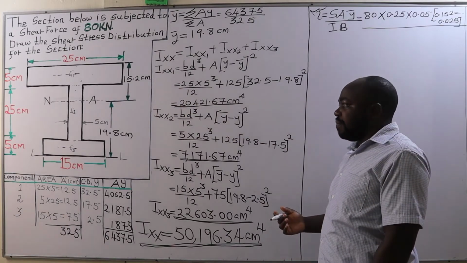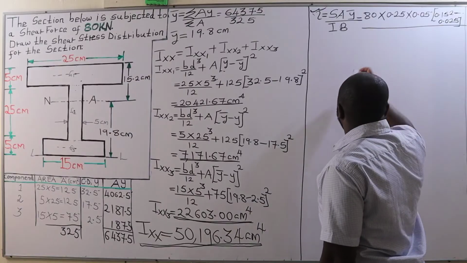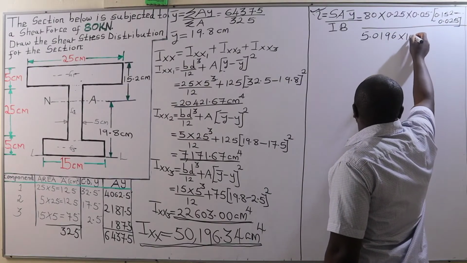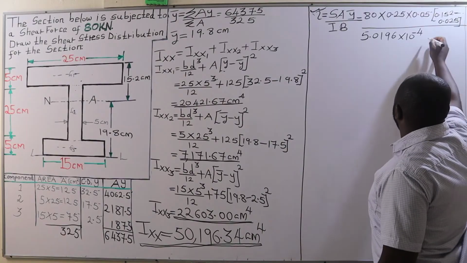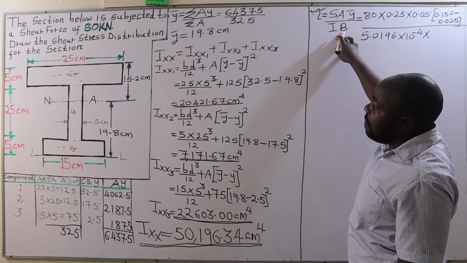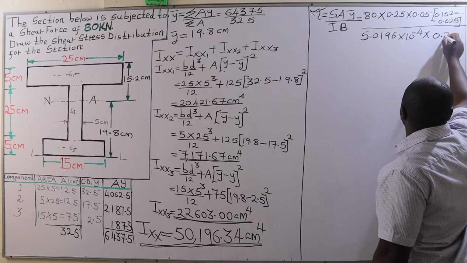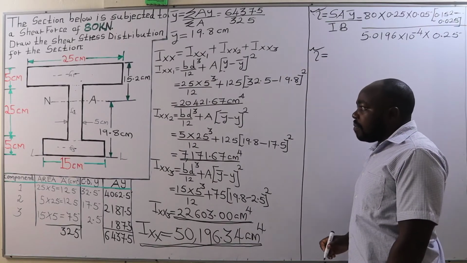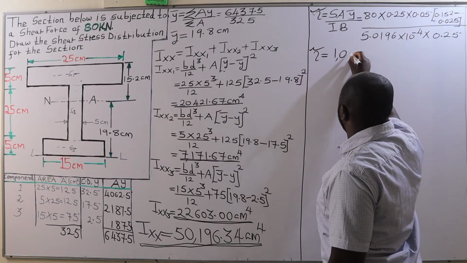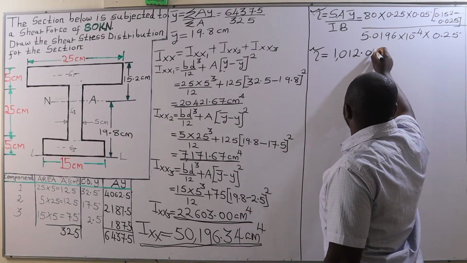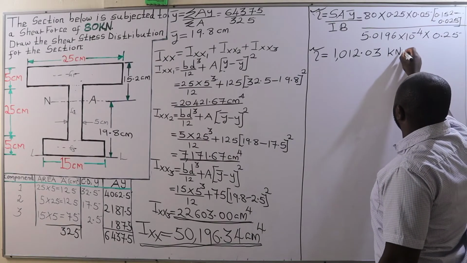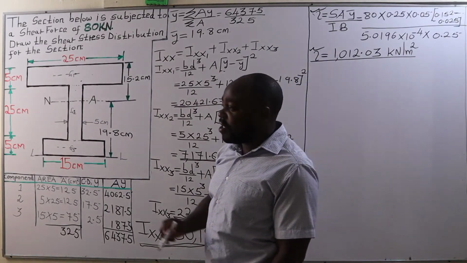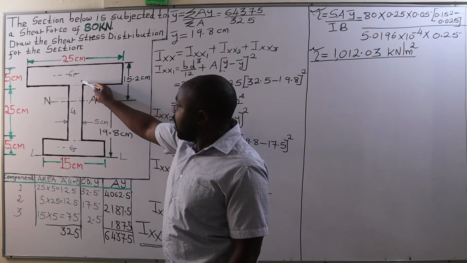Now, when we convert it to meters raised to the power of 4, we are going to have 5.0196 multiplied by 10 raised to the power of -4 times the breadth of the top flange, which is 0.25, and therefore that's going to give us a shear stress of 1012.03 kilonewtons per square meter.